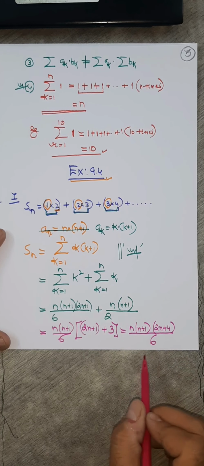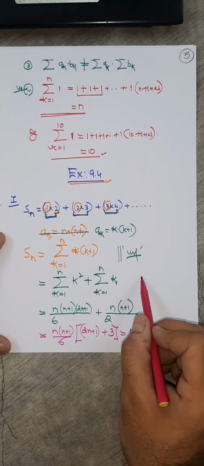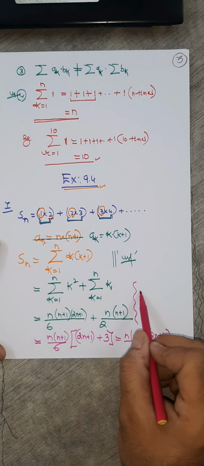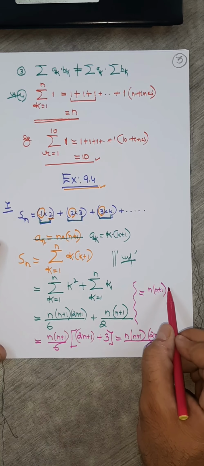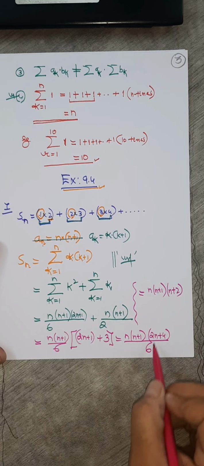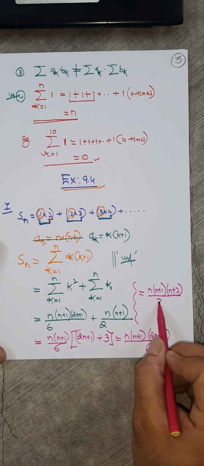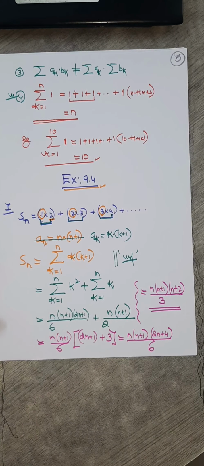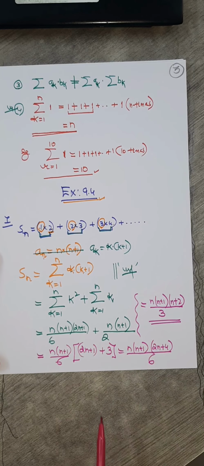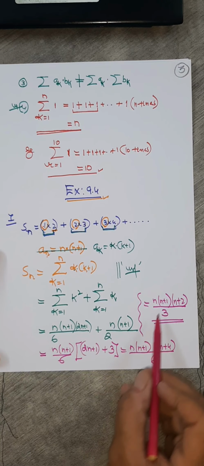You can take 2 common here. Let me write here. Take 2 common and cancel with this. So n into n plus 1. I'm taking 2 common, so n plus 2. That 2 will get cancelled with this by 3. This is the required summation of n terms of this. This is Sn, the sum of the n terms of the given series. Right?